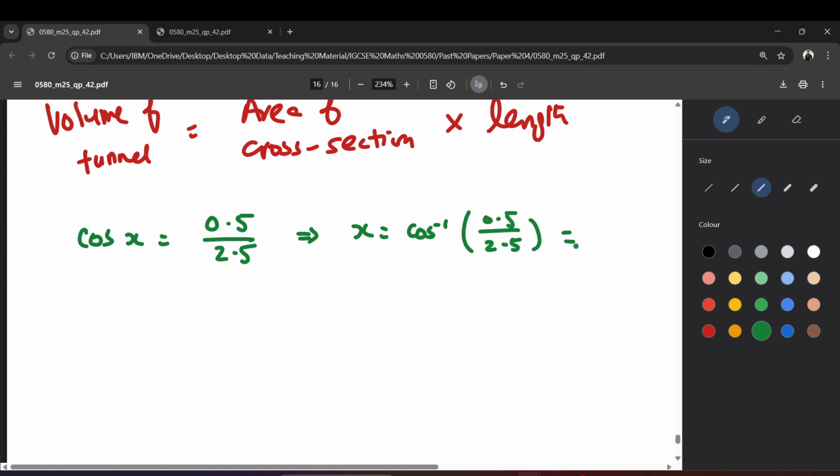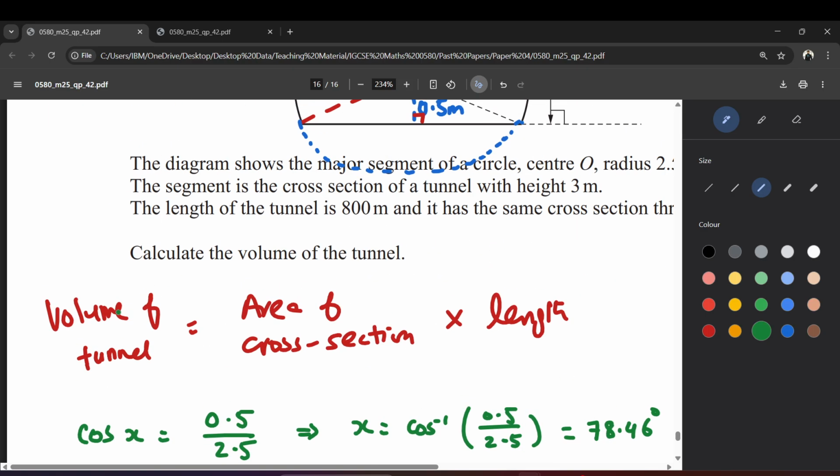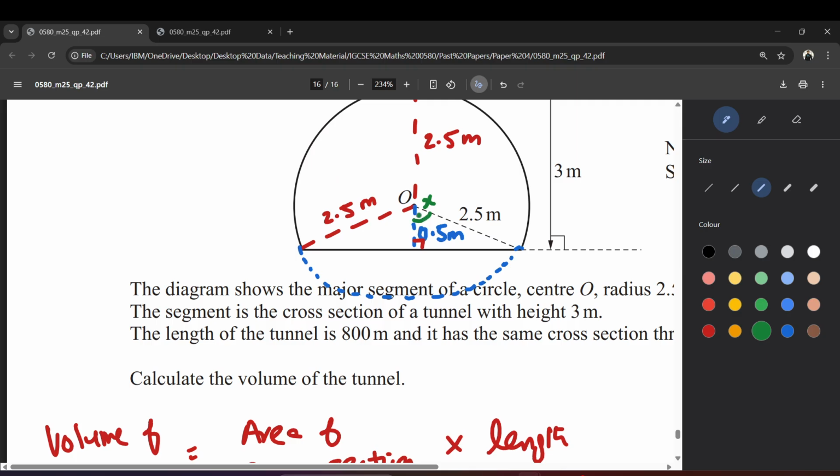So x will be 78.46 degrees. Okay, now that's just half angle, right?